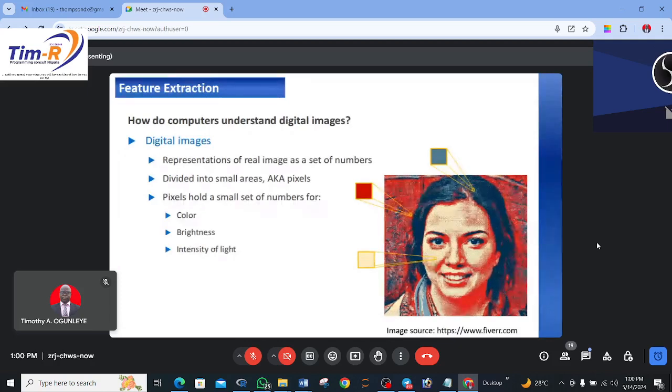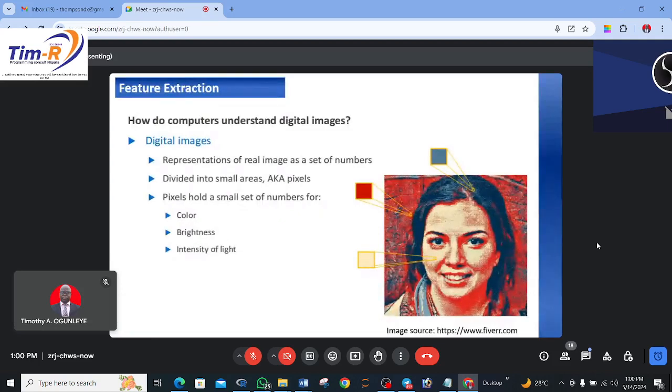How is it that an image is transformed into something that a computer can understand and then train it, and then you bring an unlabeled image or unseen data, and you pass it into the model and it will identify that image correctly? So how does that happen?